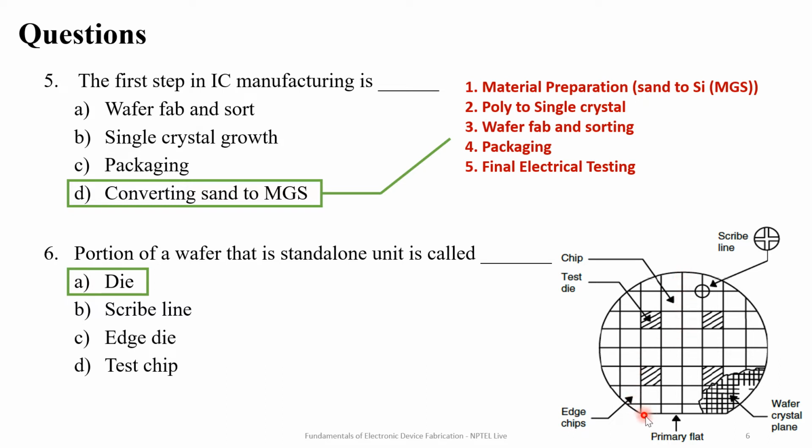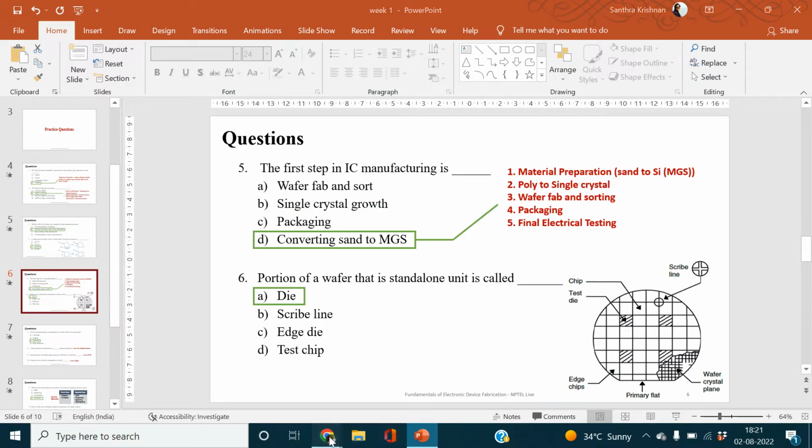Finally, we will have edge chips, that is incomplete dies along the edges. These are not functional. Can anyone tell me why wafers are always round instead of having another shape like square?